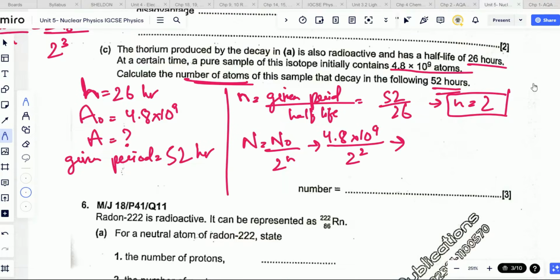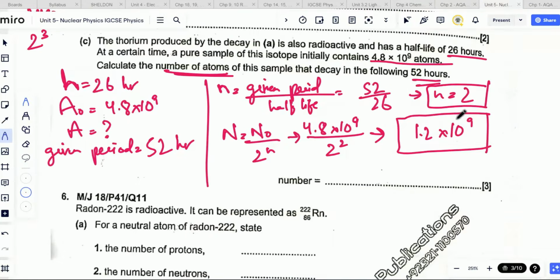1.2 multiplied by 10 to the power 9. You sure? One minute, let me check as well. Yes. Now, one very important thing that I want you all to tell over here. This is the number of atoms that we have found. I can't hear you. Can you hear me now?